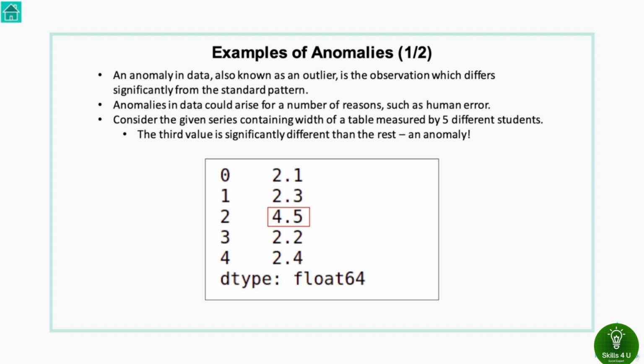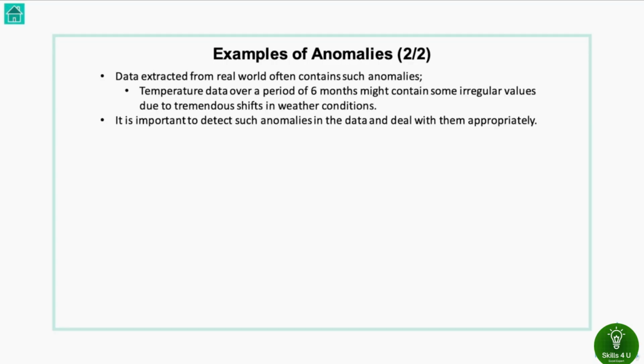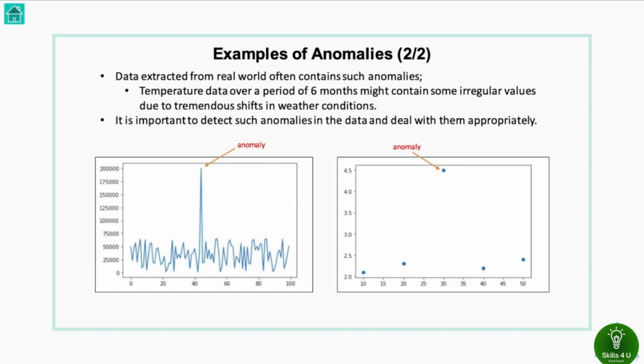In any case, the third value is an anomaly, since it is different than the standard pattern. Data extracted from the real world often contains such anomalies, and it is important to detect and deal with them appropriately. For accurate results, let's have a look at some techniques to detect anomalies in the data.